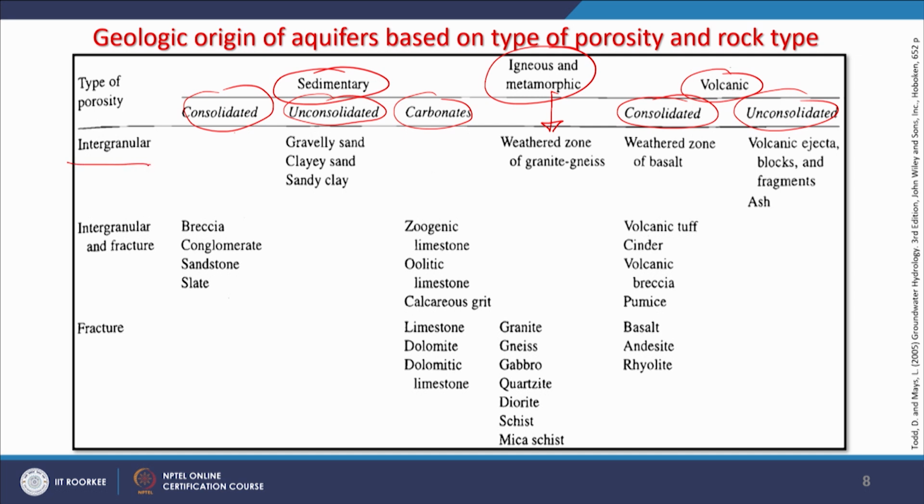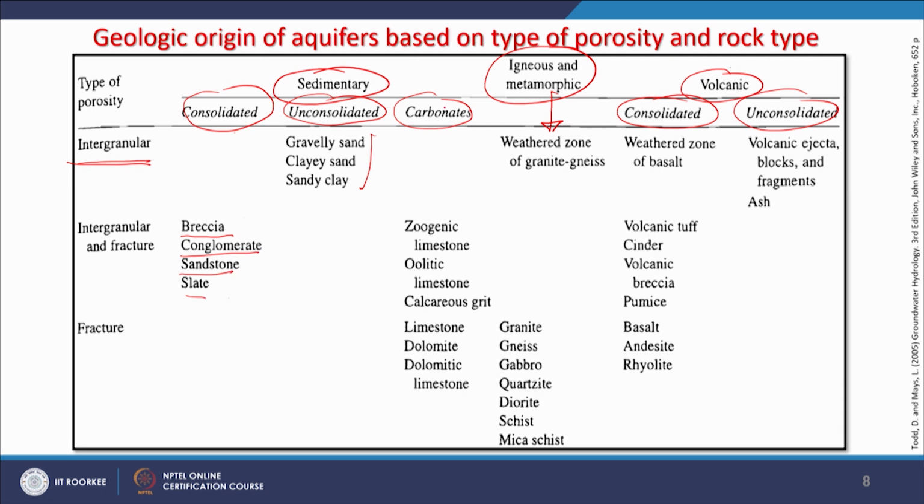When we see this type of porosity which is irregular, in the case of sedimentary unconsolidated rocks like gravelly sand, clay and sandy clay, they will have irregular porosity. Whereas consolidated rocks have irregular and fractured porosity, and we may have breccia, conglomerate and slate.